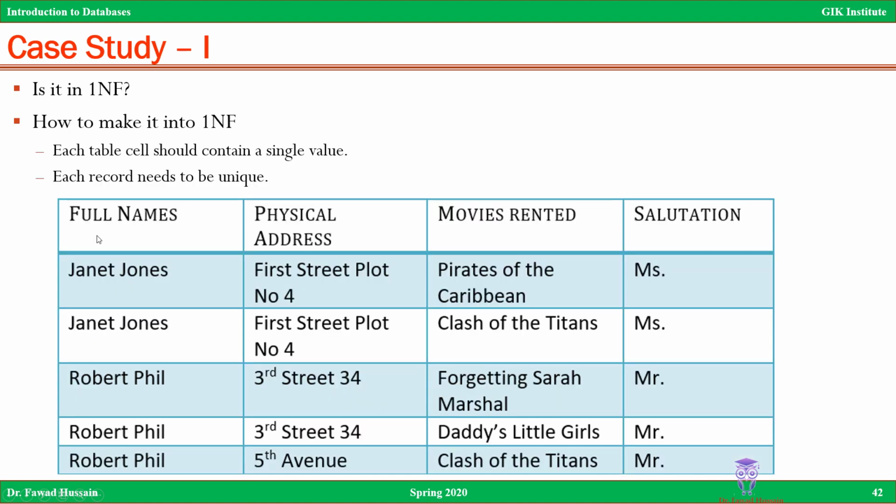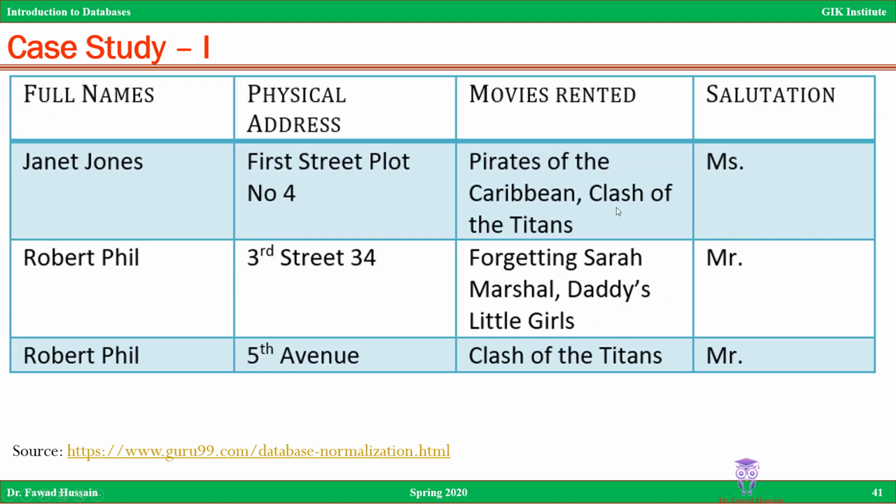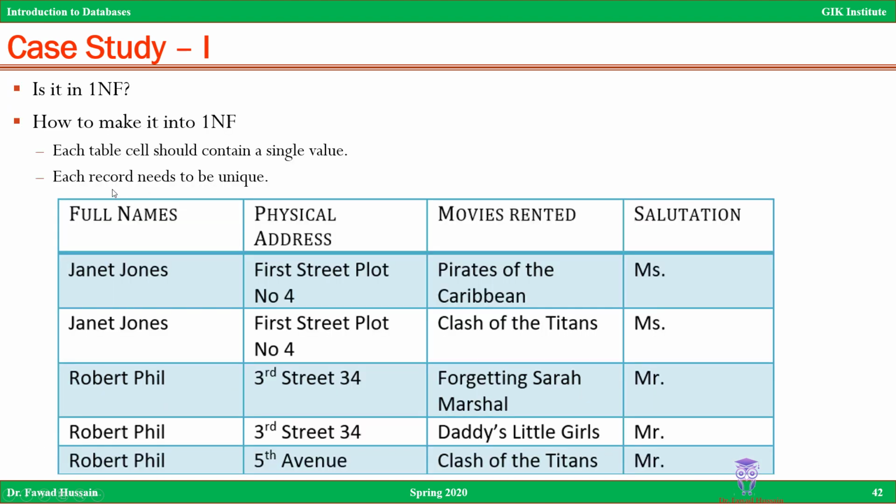So is the original data in first normal form? And the answer is no, simply because there are multi-valued attributes. So how to make it into 1NF? Each table cell should contain a single value, so we have split that, and each record needs to be unique. To make it unique, I can have all these three values be a primary key.